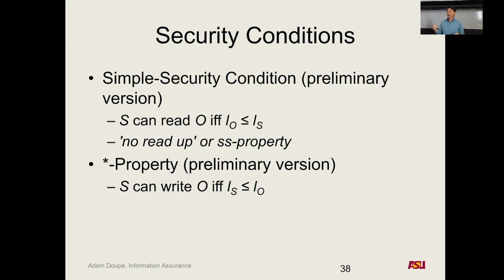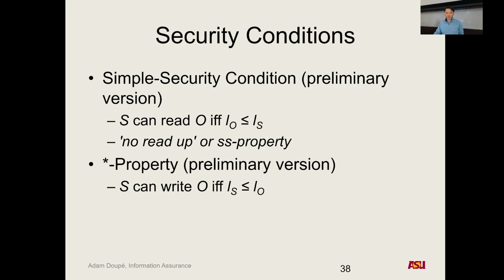I can read an object at my same level and also below my security clearance. I can read that object. That is the simple security condition. We call that no read up. I cannot read up above my security level. Okay, so that is the simple security condition.